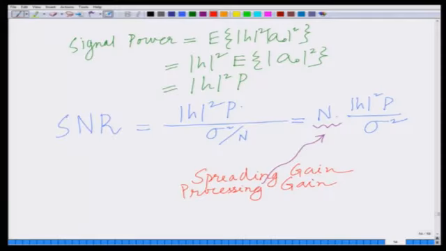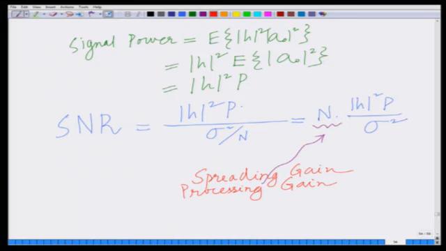This is a very important aspect of a CDMA system. The spreading code is resulting in a gain which is known as the spreading gain or the processing gain. Right. Now, let us look at the bit error rate of this CDMA system.